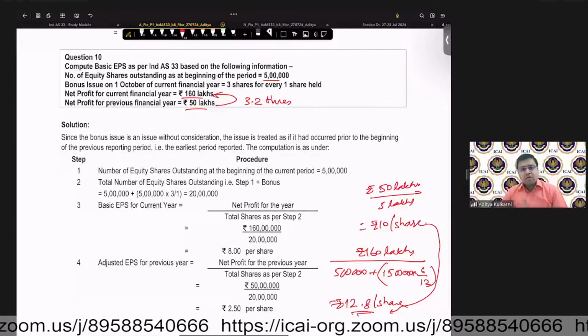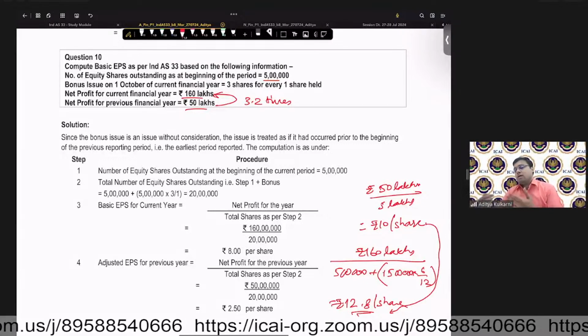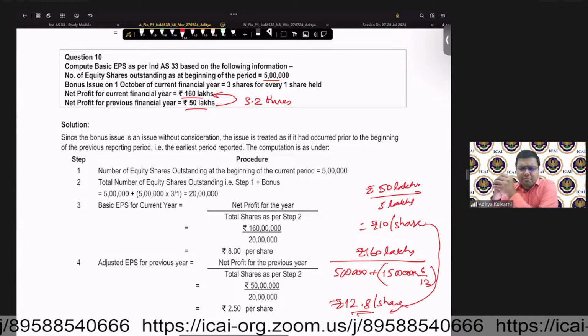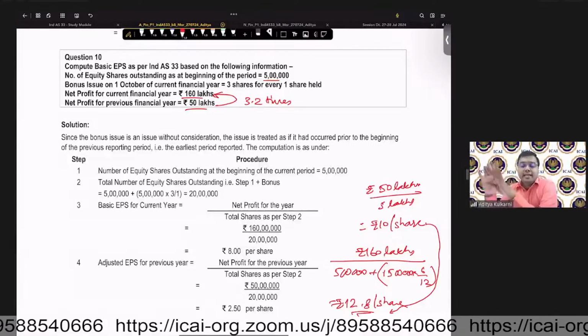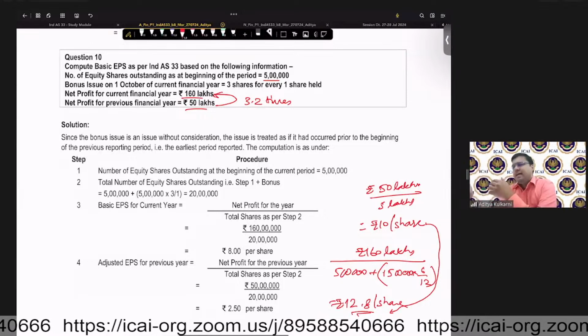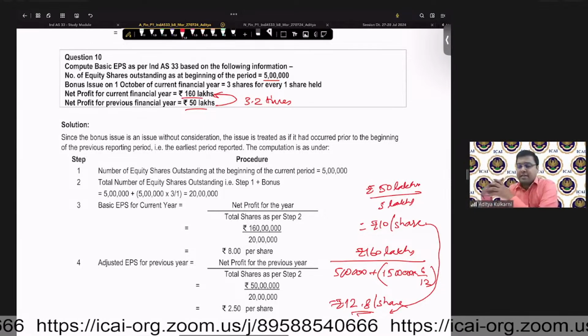And therefore, the standard says, look, we cannot have such aberrations, because technically speaking, there is no change whatsoever in the capital structure. Only thing is, you had 5 lakh, now you are having 5 plus 15, that is 20.